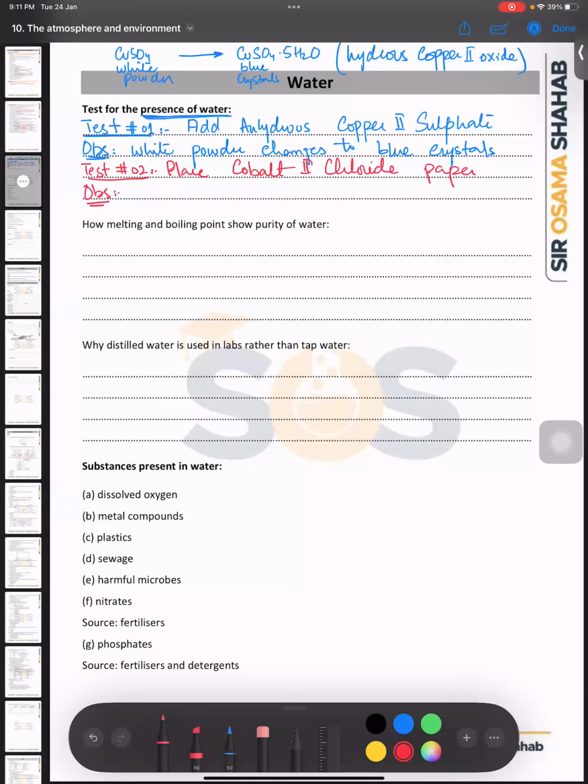And it will change its color to pink. So you can say blue color changes to pink. Blue color changes to pink, right, bacho? Yes, sir.